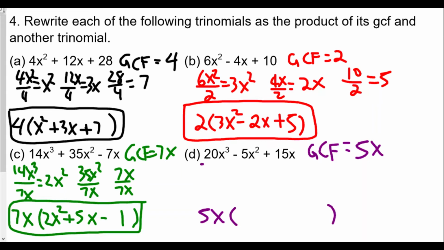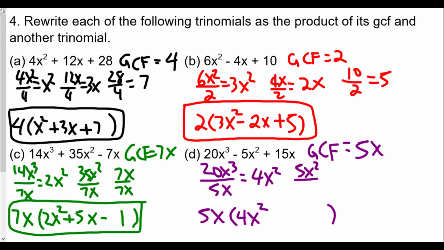All right, so we have 20x cubed over 5x, which is 4x squared. 5x squared over 5x is x, so it's a minus x. And 15x over 5x is equal to 3, so it's plus 3. Okay?